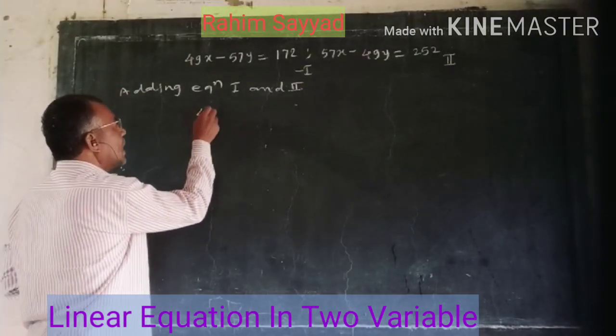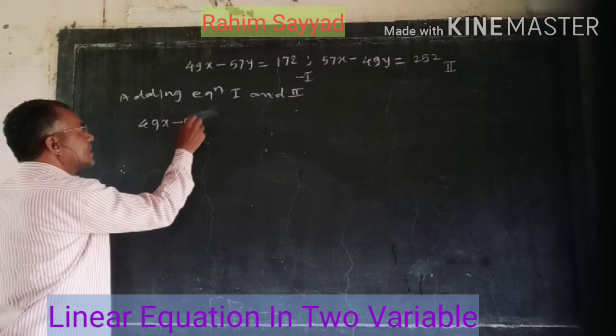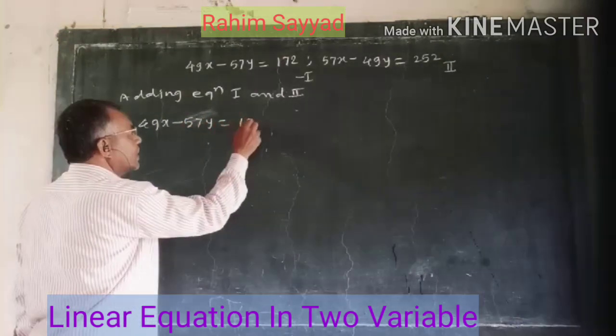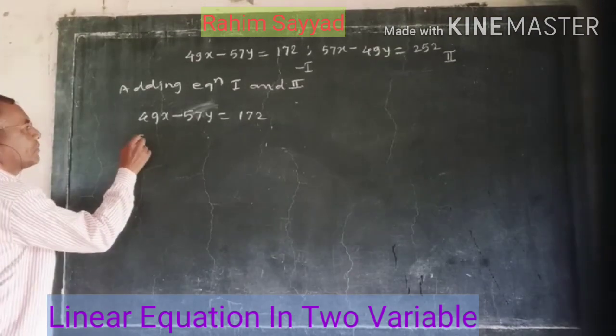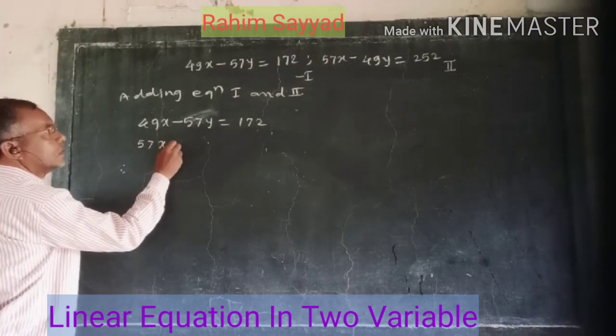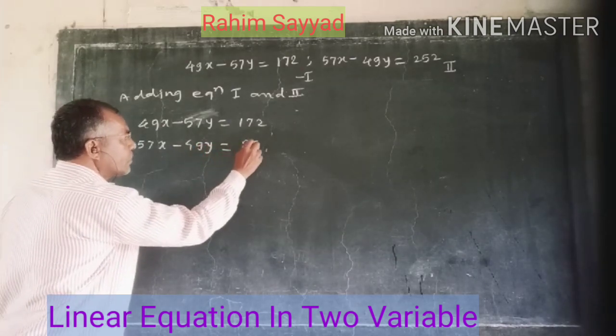Now 49x minus 57y is equal to 172, and the second equation, 57x minus 49y is equal to 252.